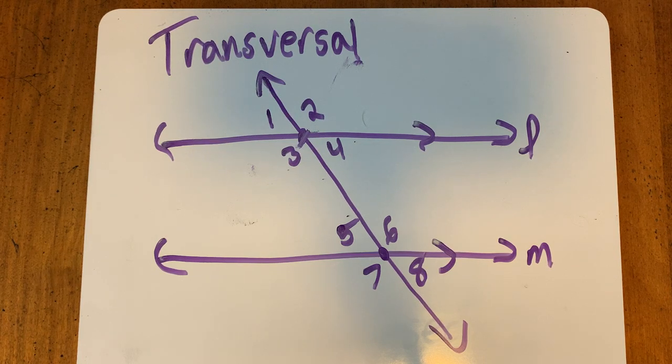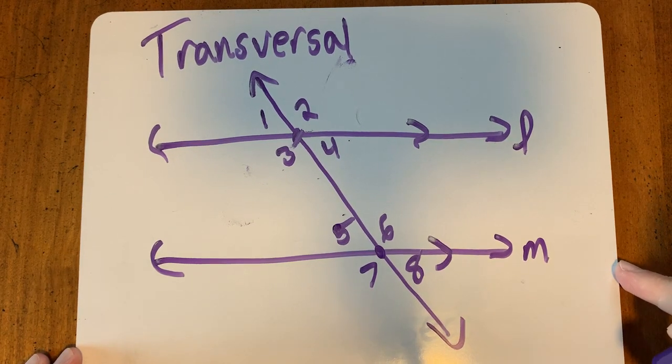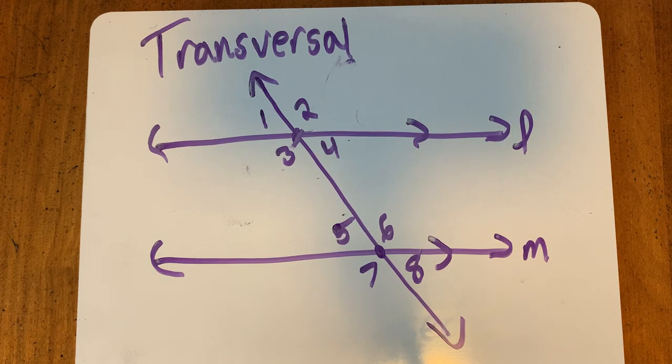Now, unfortunately, one of our rules is going to have to be a postulate. We need to make an inference about one of the relationships in order to prove the rest of them. And the one we're going to make an inference about is the one that doesn't have a partner.